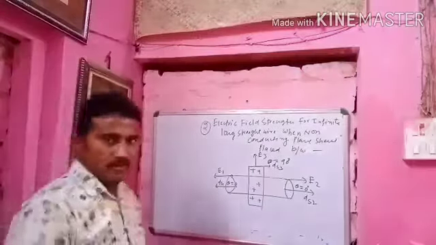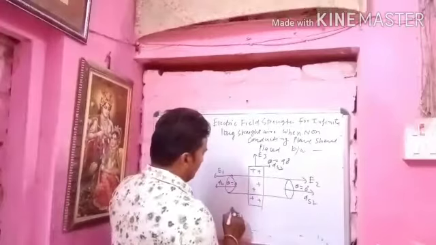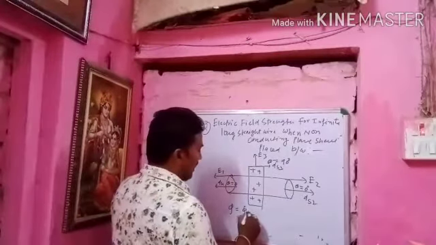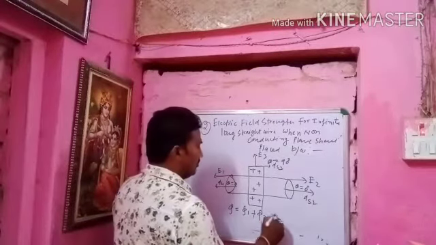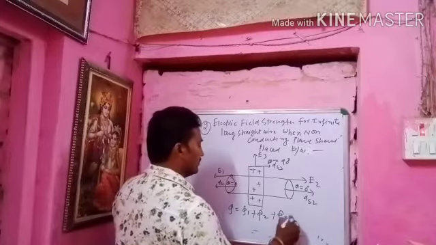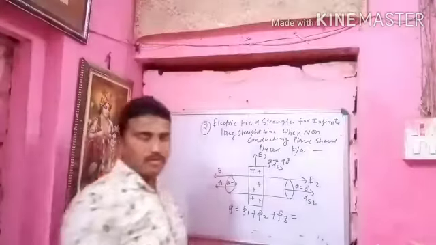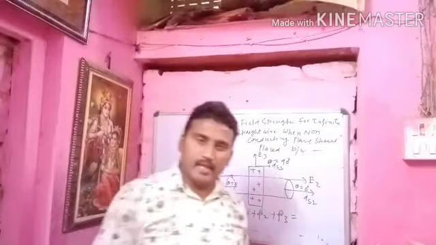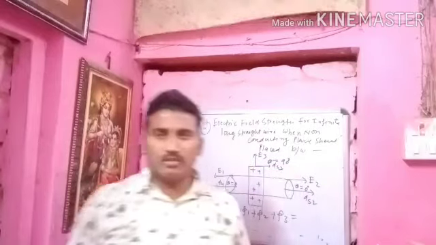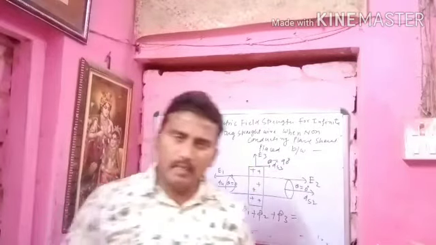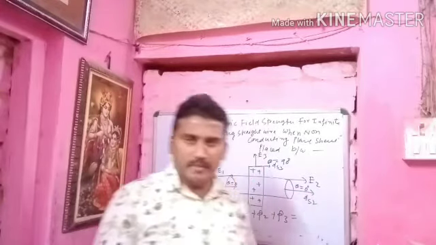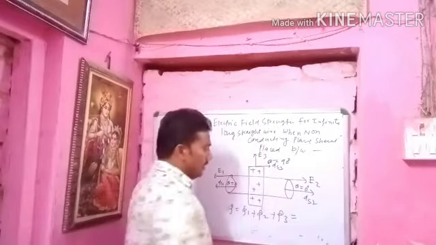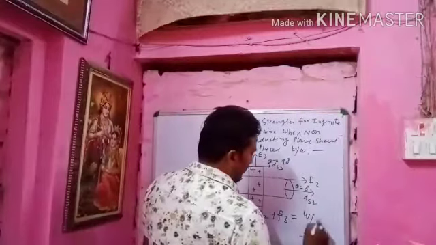In this case, φ is equal to φ1 + φ2 + φ3. We know that by Gauss's theorem, the number of electric field lines of force passing through a closed surface is always equal to 1 by ε₀ times the enclosed charge. Therefore, the RHS is Q/ε₀.